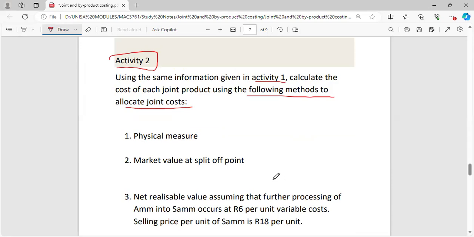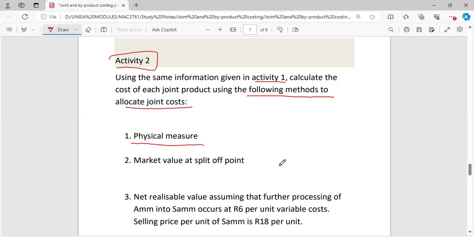The first one is the physical measure. We want to calculate the joint cost to be allocated to joint products using the physical measure.